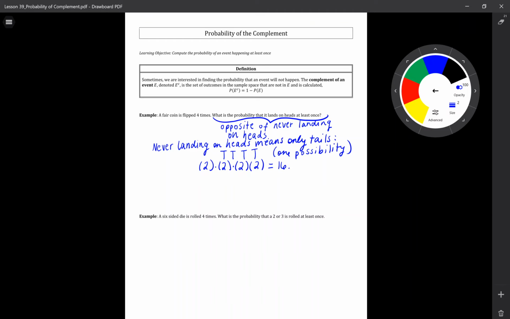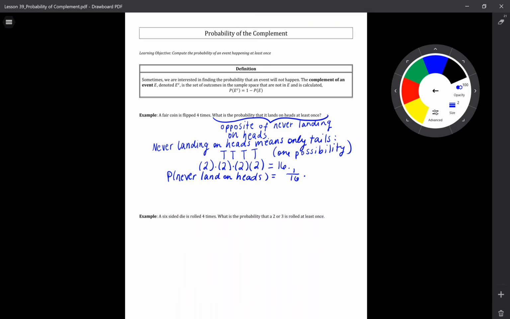So the probability of never landing on heads is 1, since that's the number of possibilities I have for that, over 16. Never landing on heads is the opposite of what I want, right? I want the probability that it lands on heads at least once.